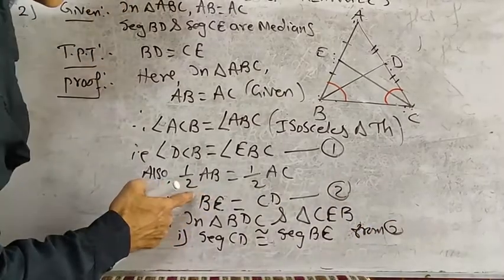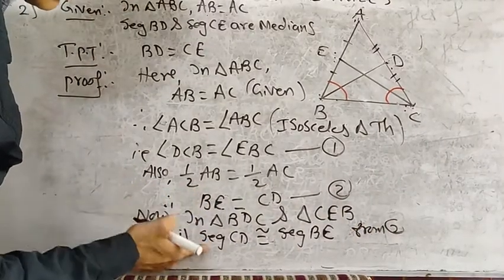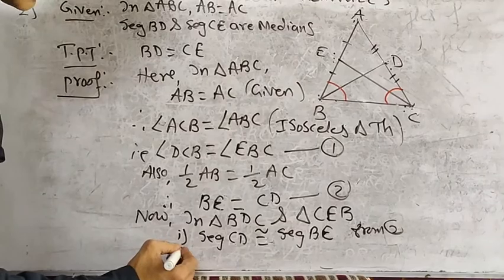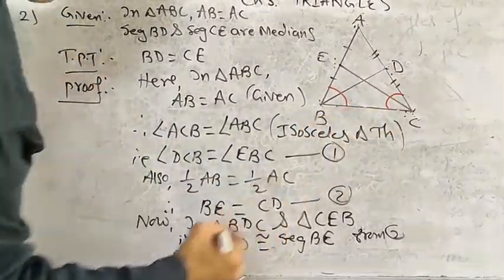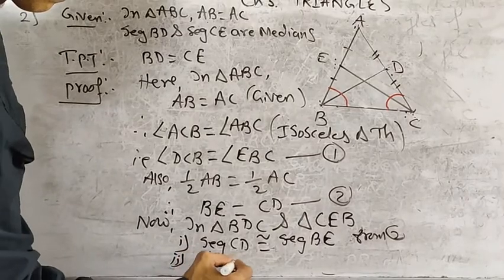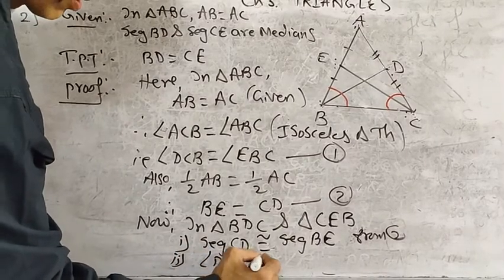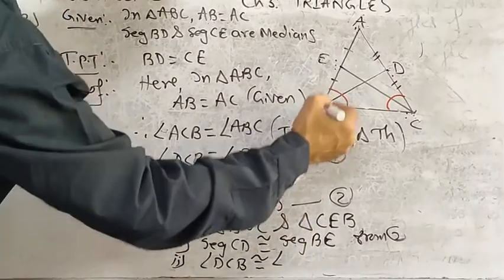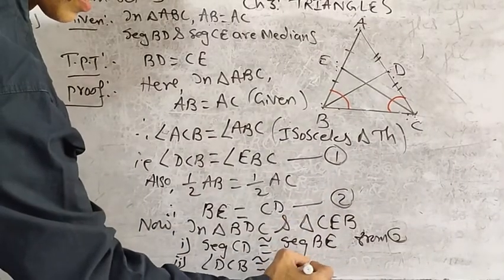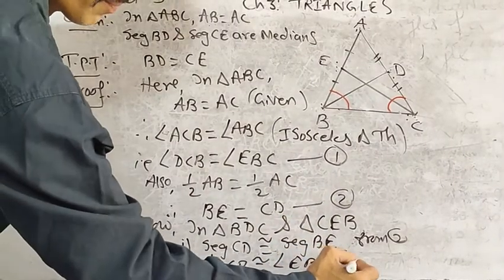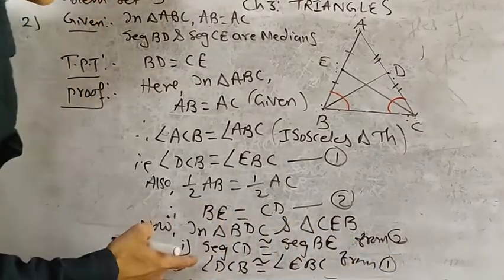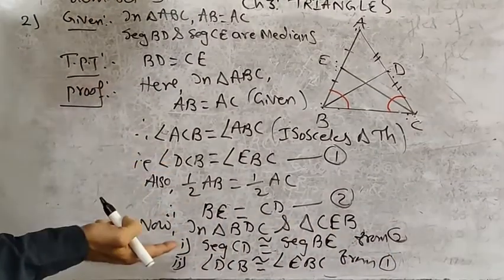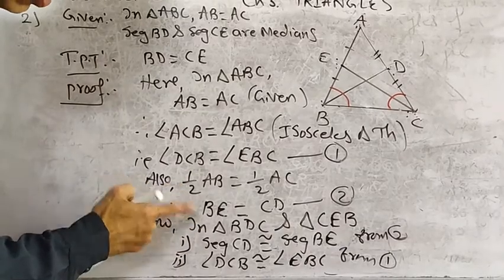Okay, second condition. Your second condition will be angle DCB is congruent to angle EBC from 1. Okay, this we took from 1, this we took from 2.